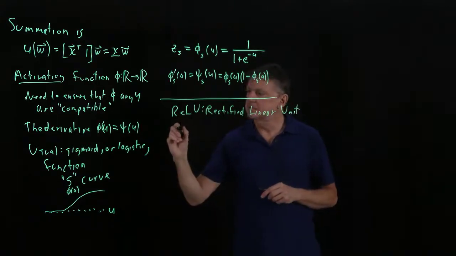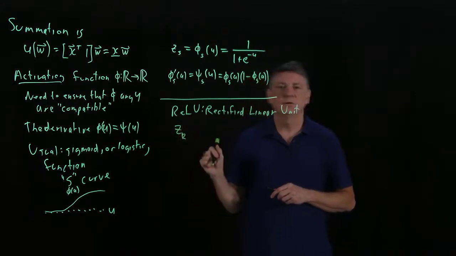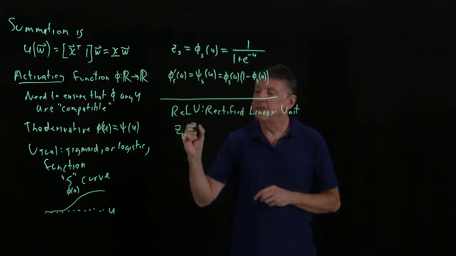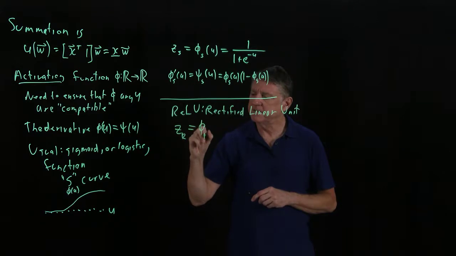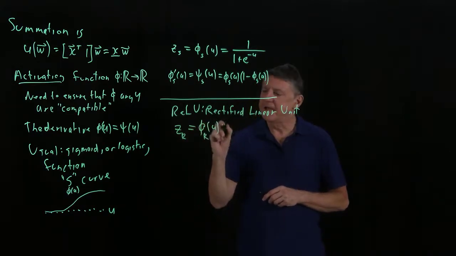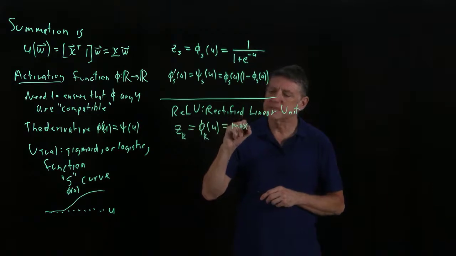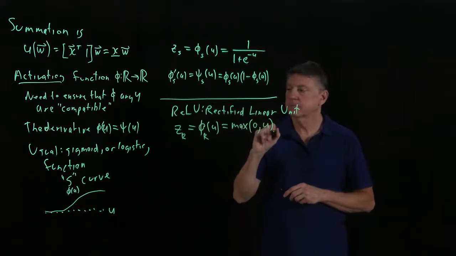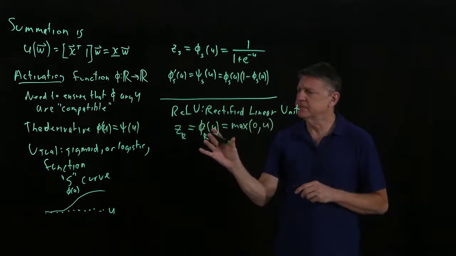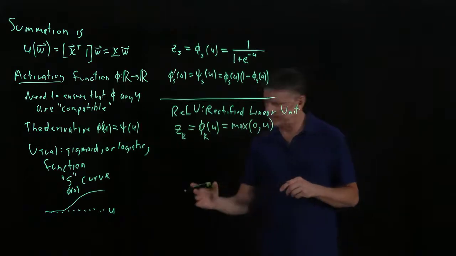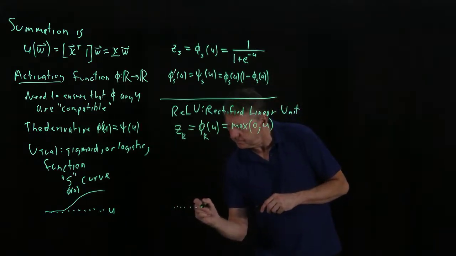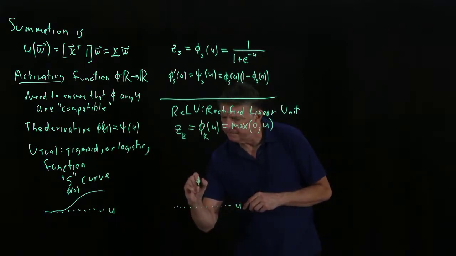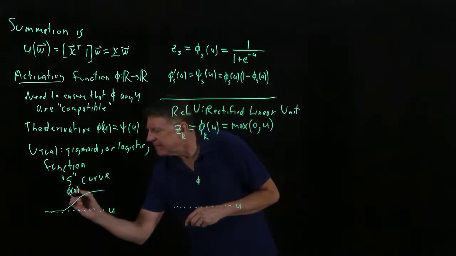When we use it, we'll subscript phi as an R for ReLU, and that is our activation function ReLU, which is the maximum of 0 and u. Let's graph this to see what it looks like. Here we have our scalar value u, and here we have phi.